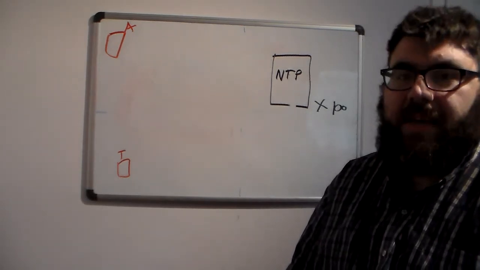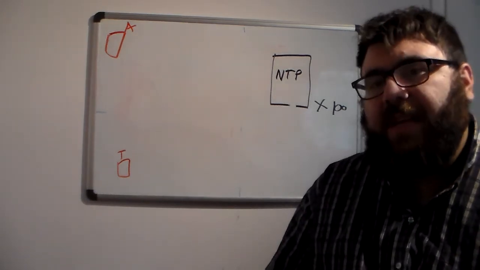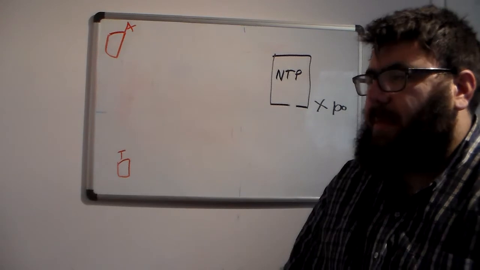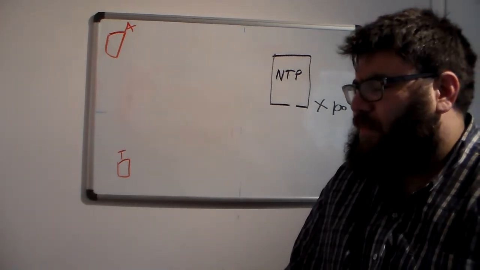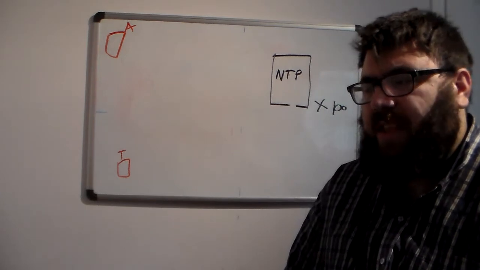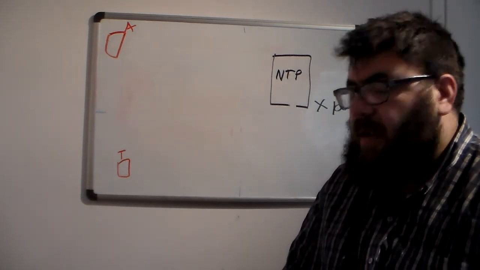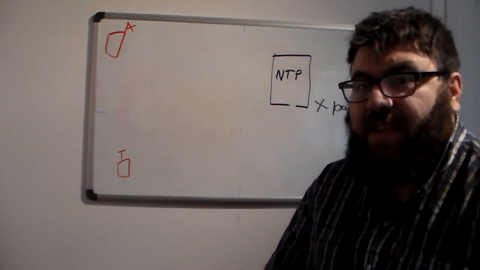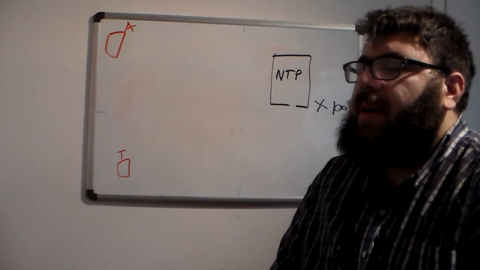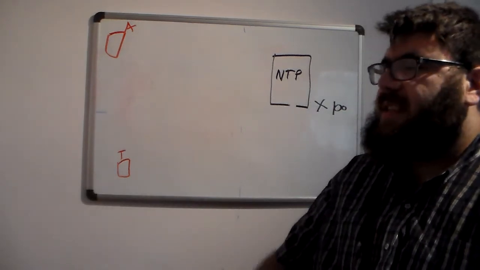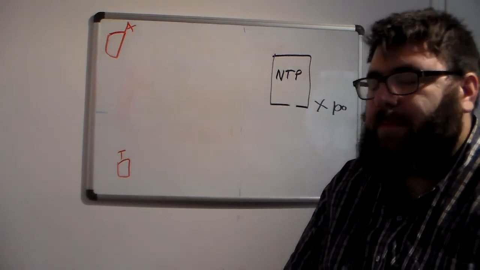So SSDP, okay? SSDP is a protocol for discovery within a network. I'm sorry, I forget what it stands for, but I can look it up and I'll put it in the description. But nonetheless, SSDP is another NTP or DNS style amplification.